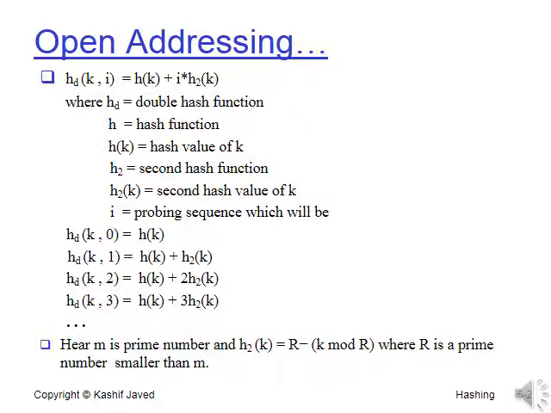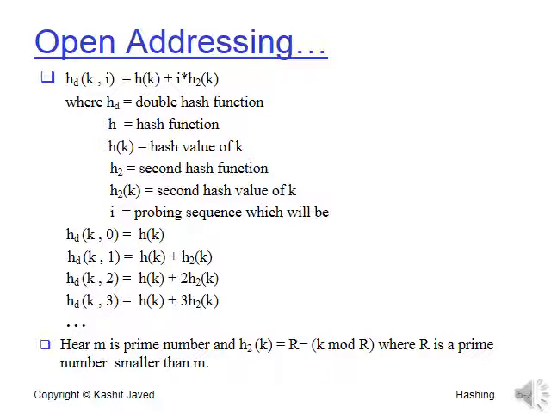The overall expression for the double hashing function will be as follows: h_d of input key and integer i equals your hash function plus variable i times your second hash function.